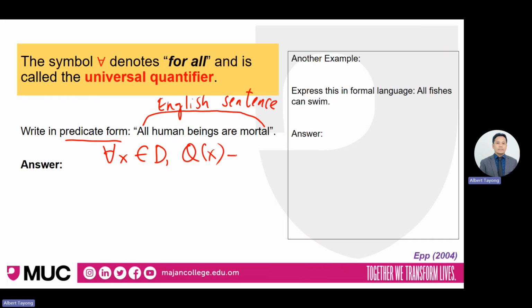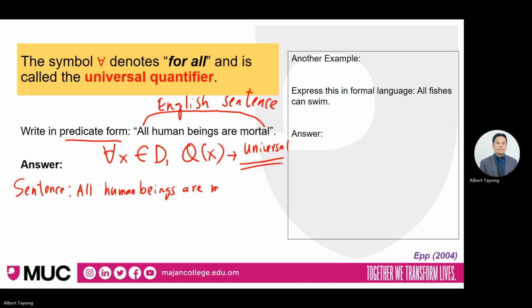Okay, this is our form: for all X in D, X has the property of Q. So our sentence: all human beings are mortal.